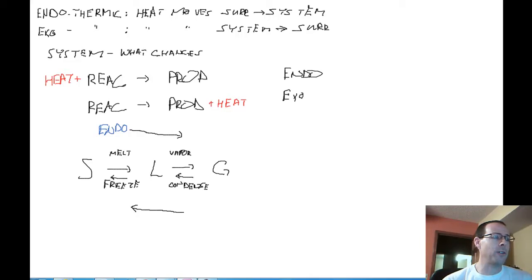Conversely, if we're going the other direction, if we are going from gas to liquid or liquid to solid, this is what doesn't make as much sense. So I always know the one, melting requires energy, but the opposite is also true. So if I go from a liquid to a solid, that is an exothermic process.